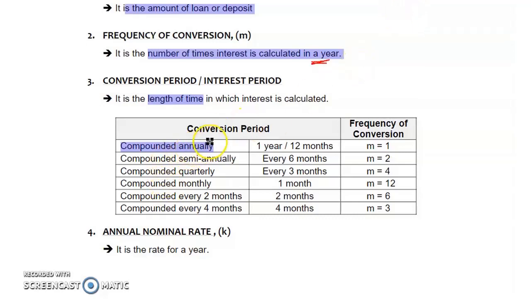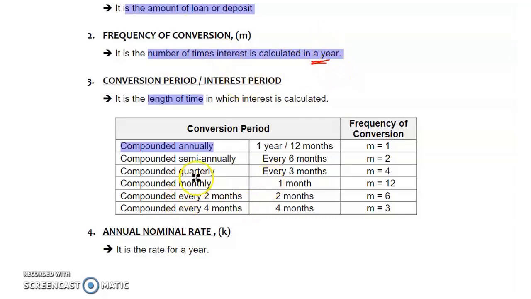Just now, compounded annually, we wait 1 year, also equivalent to 12 months. So value M here is equal to 1.